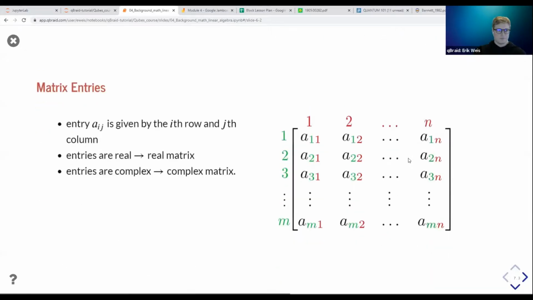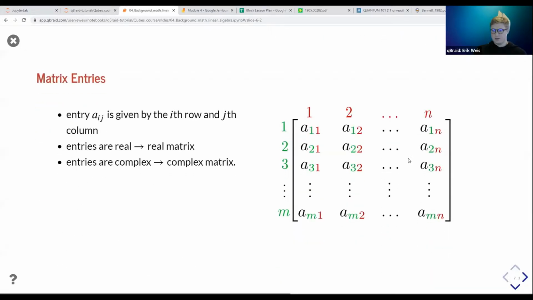So each entry, we can label each specific entry by aij, and the indices i and j refer to the row and column of a matrix respectively. So A11 corresponds to the first row and the first column. Amn corresponds to the very last row and the last column.